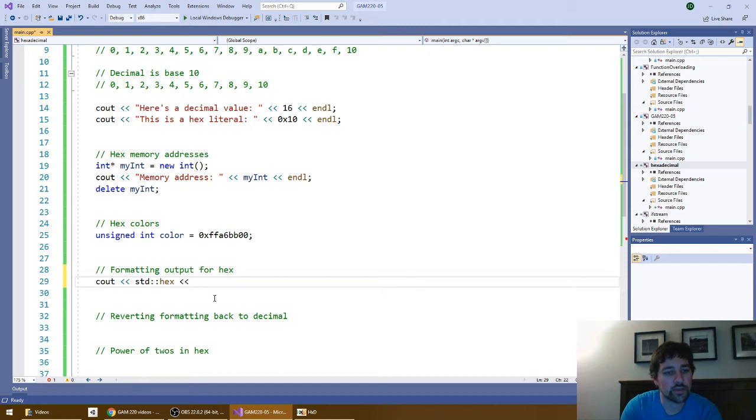So after I insert this stream manipulator into the stream here, numbers that I put here, whether they be decimal, like this is 32 in decimal, or whether they are in hexadecimal, the equivalent of 32 should be like that, should print out as hex.